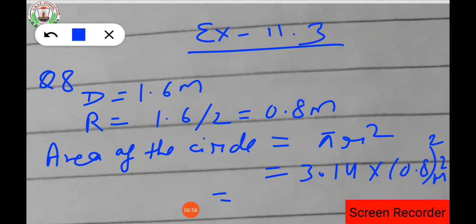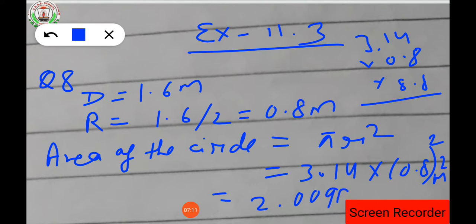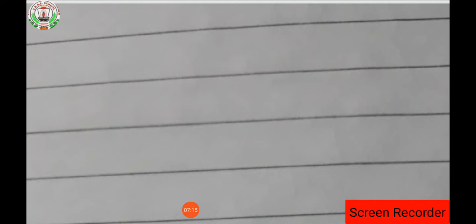So multiplying 3.14 with 0.8 and 0.8, all together multiplied, we will get the required answer as 2.0096 meter square. Clear?